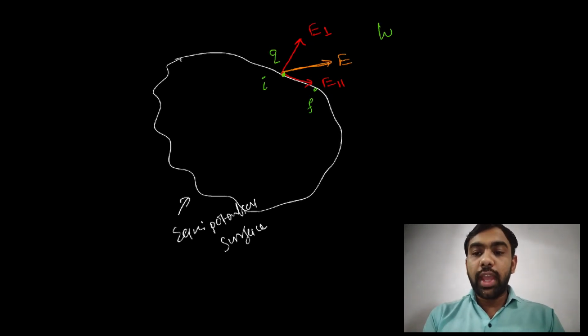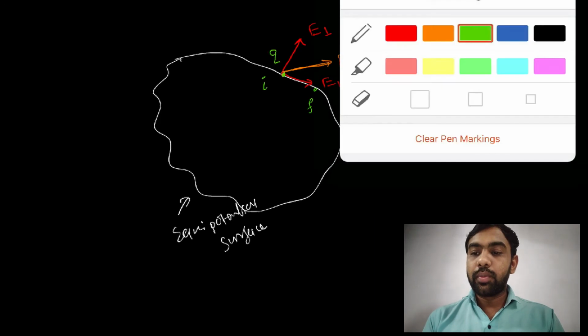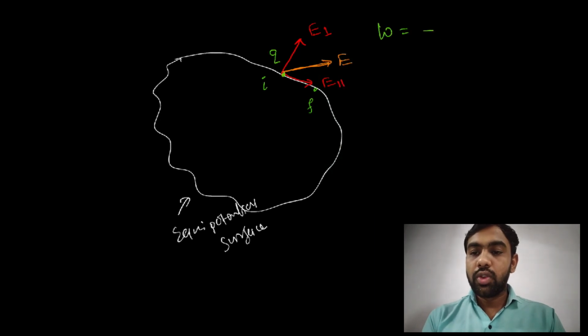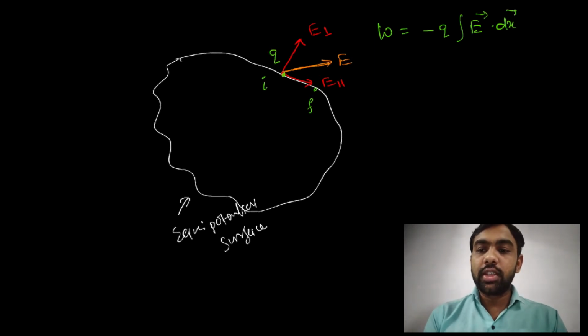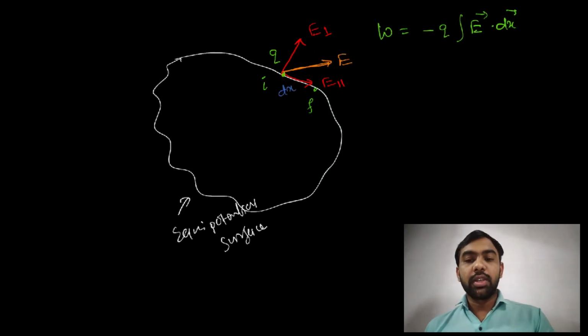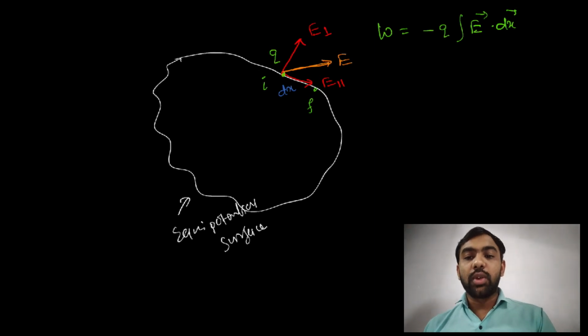Why? The original definition of work is work equals minus Q integration E dot dx. Let us consider this movement to be dx. Here the work done due to the perpendicular component is 0.